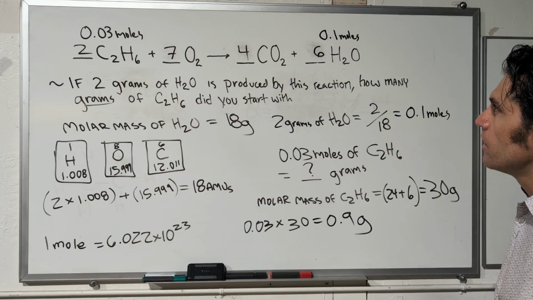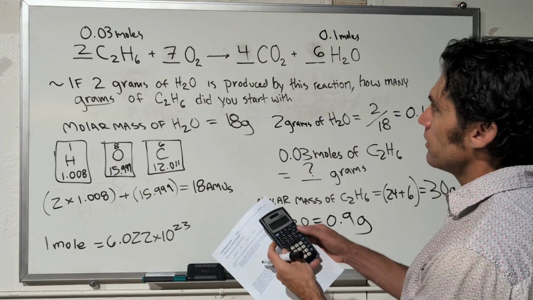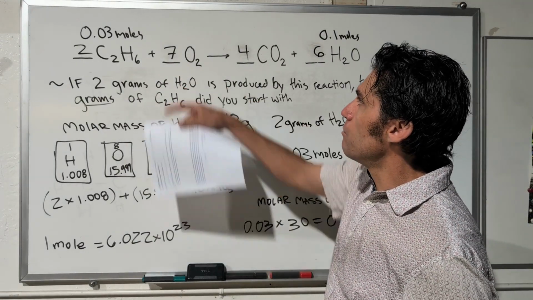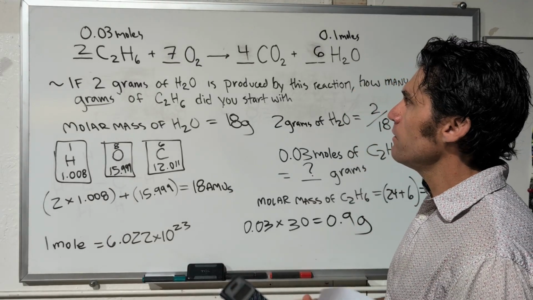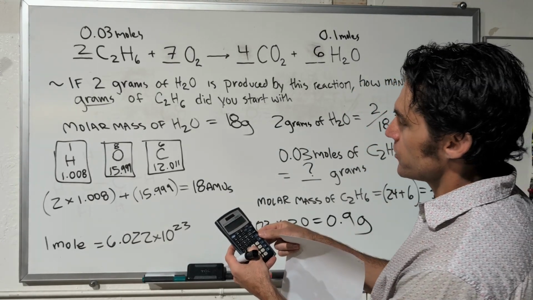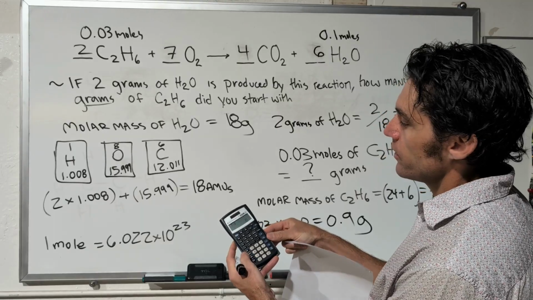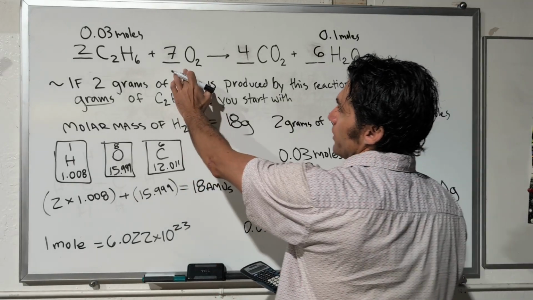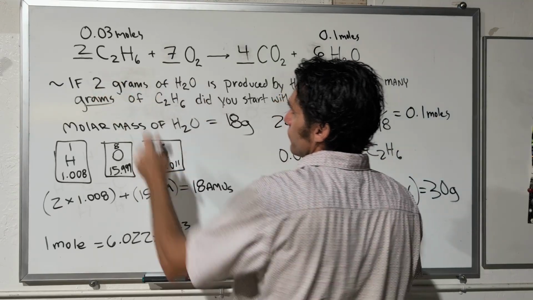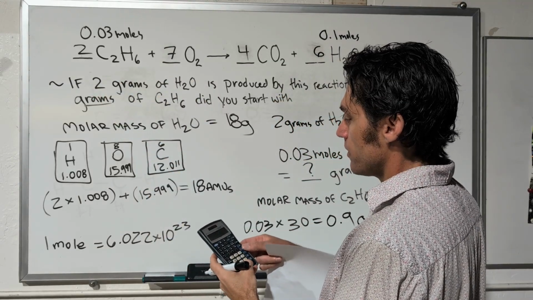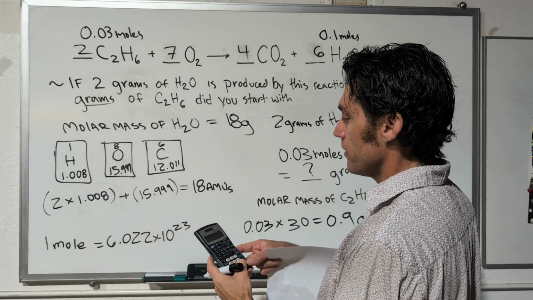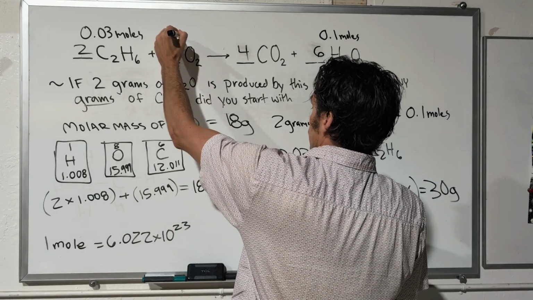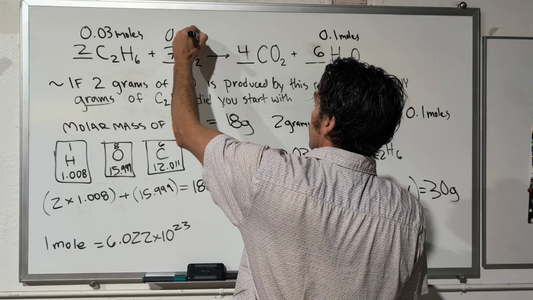Now let's take a look at this. If you want to know how many moles of O2 you had, we would do 7 divided by 2. 7 over 2 is 3.5. So there are 3.5 times more moles of this than this. So 3.5 times 0.03 equals 0.105 moles.